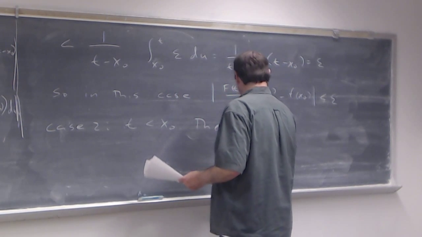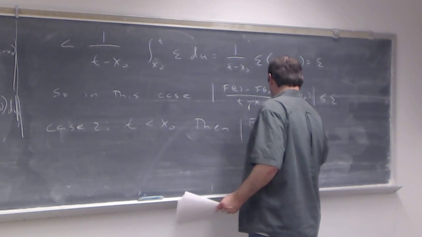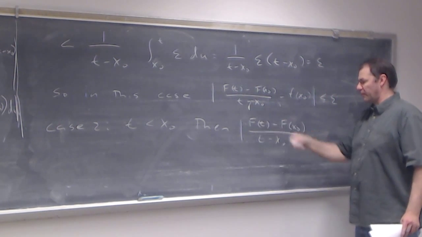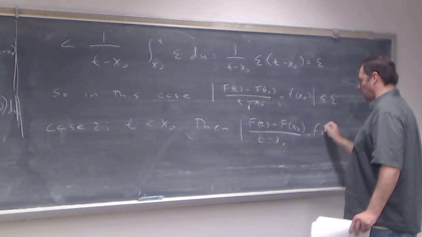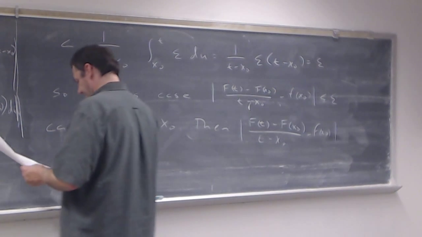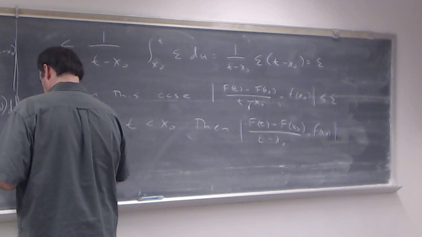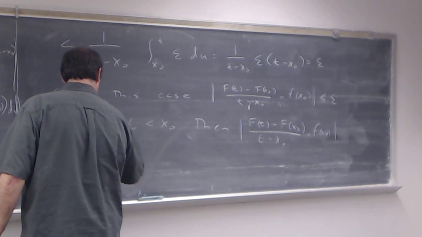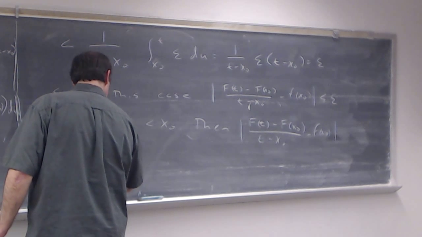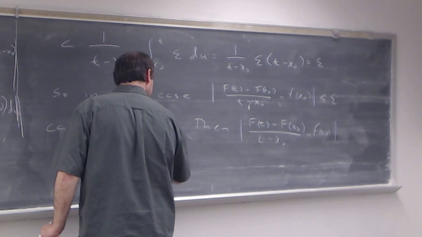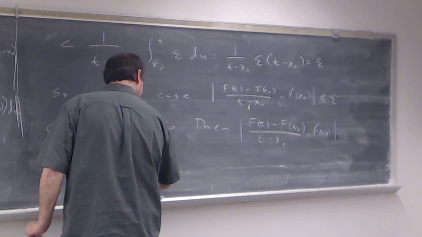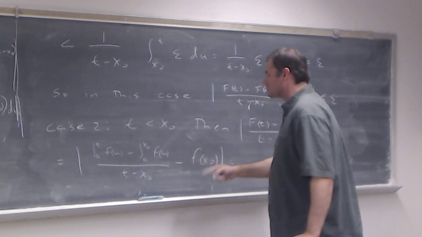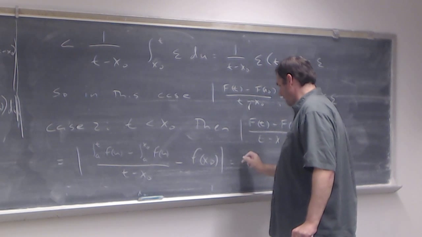Then this (F(t) − F(x₀))/(t − x₀), which is involved in the limit as t goes to x₀ to compute the derivative of big F at x₀, minus little f(x₀), again is equal to the integral from a to t of little f(u) minus the integral from a to x₀ of little f(u), over t − x₀, minus f(x₀), which, because t is less than x₀, this will be the absolute value.